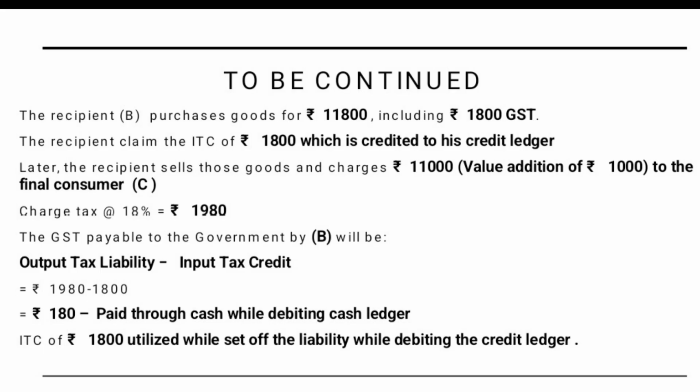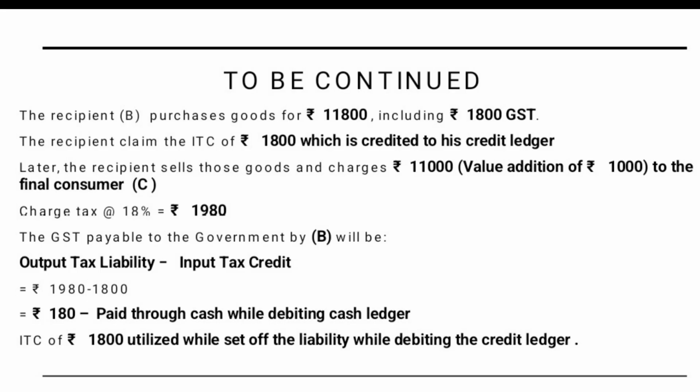What is the GST payable to the government by B? Output tax liability minus input tax credit. Output tax liability is 1980, minus the input tax credit credited to his ledger. He sets off the input tax credit. Value added tax is collected at each stage of value addition, and there is a set-off facility.